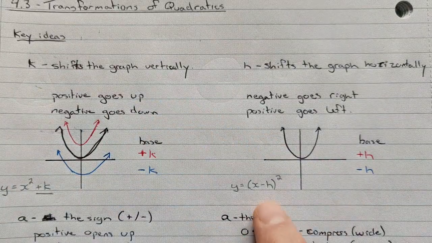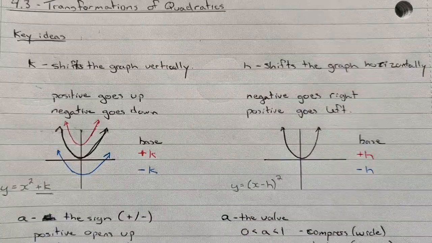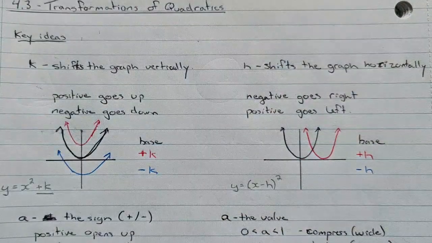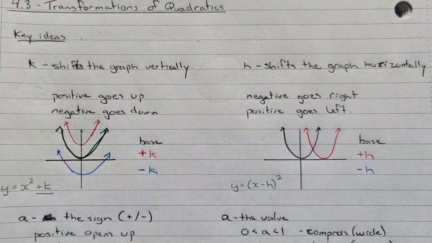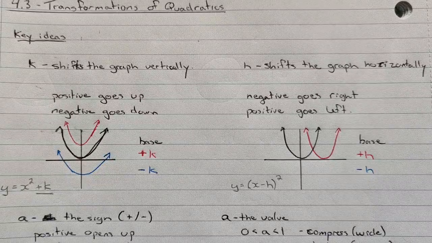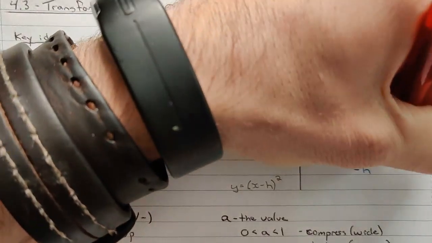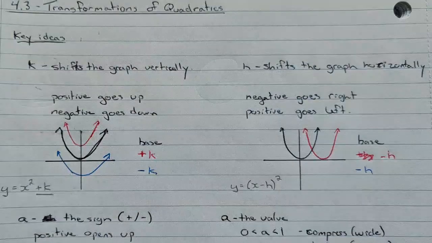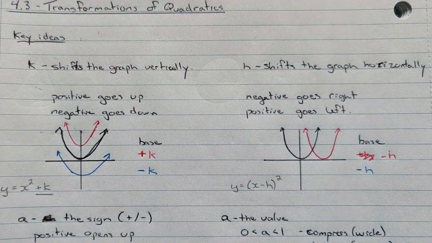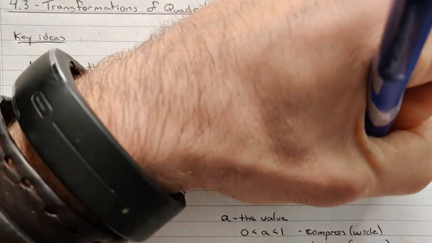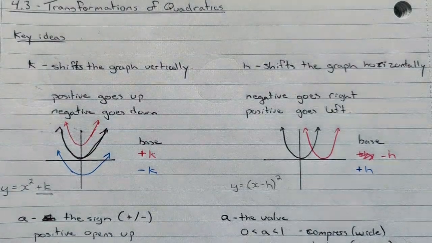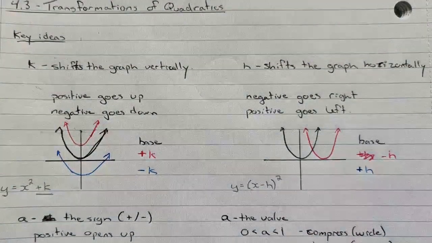If H was positive 4, so y equals (x plus 4) squared, take the exact same graph and shift it. That's negative H, minus H. So in the case of us adding H, we're going to shift everything left.